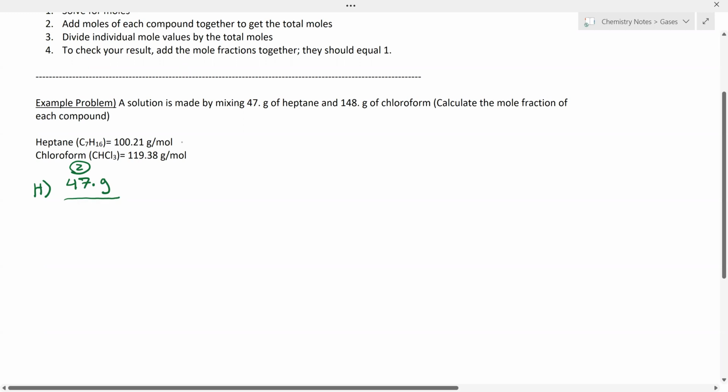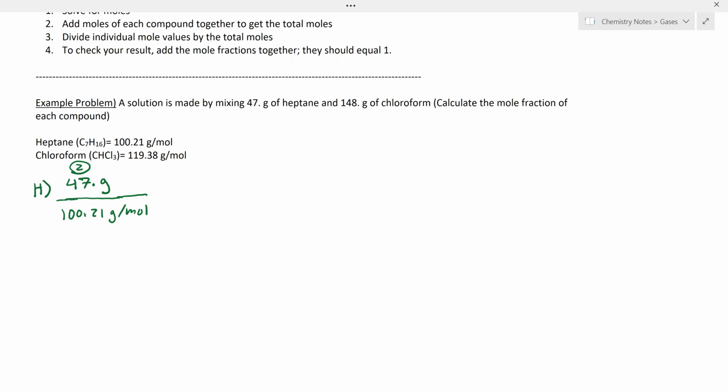And then the molar mass of heptane, 100.21 grams per mole. Just like last time, we're not going to count the molar mass for sig figs. I say last time because I just did a bunch of videos at once, so if you come across another video where I mentioned something like this, that would be it.